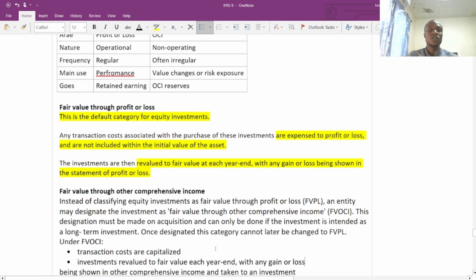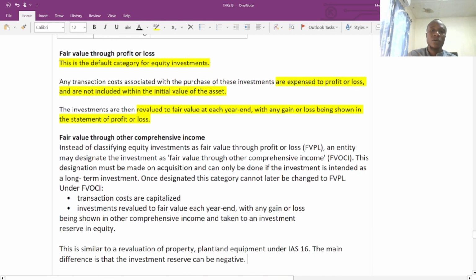So now we are going to look at the fair value through other comprehensive income. Instead of classifying equity investment as fair value through profit or loss, an entity may designate the investment as fair value through other comprehensive income. This designation must be made on acquisition and can only be done if the investment is intended as a long-term investment.